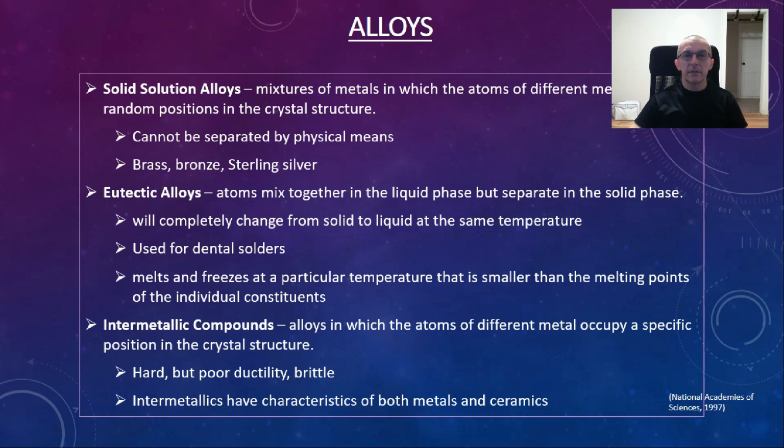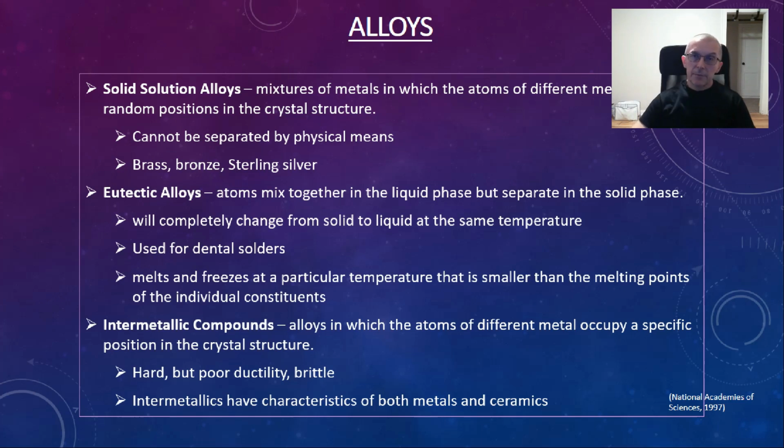As soon as this metal solidifies, it will always look the same when you look at the crystals under magnification. They're hard but not very ductile, and they're very brittle metals. So these are not very good metals to use for dental restorations.